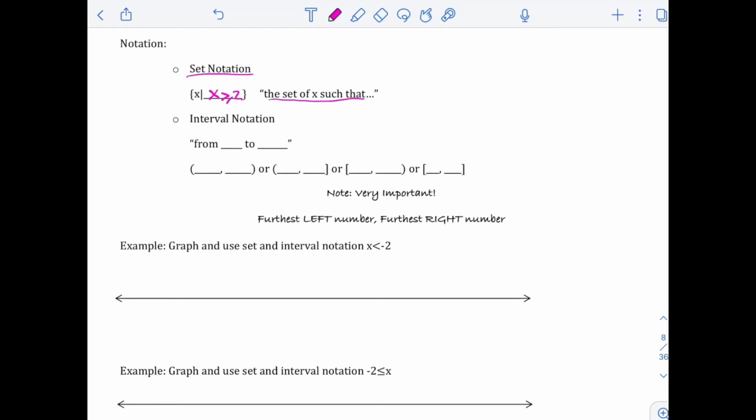And then obviously, as we saw in the previous video, we have the interval notation, where you have a number you start and a number you finish, for example, from 2 to positive infinity, or another number. So that means this interval never stops.